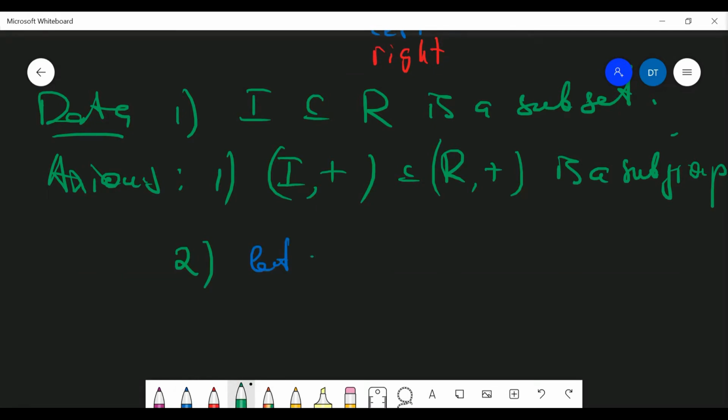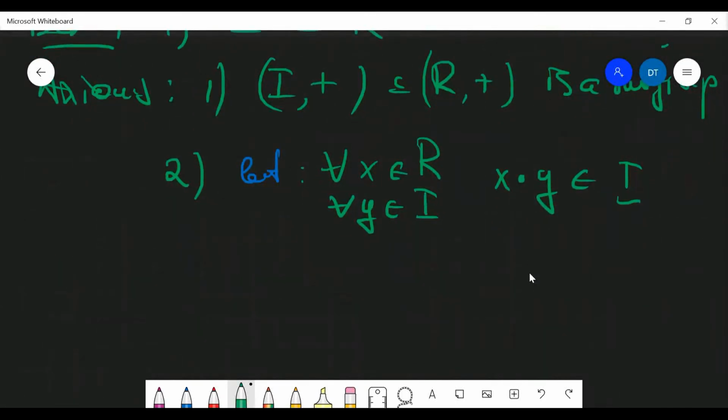We want to say that for each element x of the ring R and each element y of the ideal I, x times y belongs to I. So if you multiply your ideal on the left by any element of the ring, you will stay inside the ideal I.